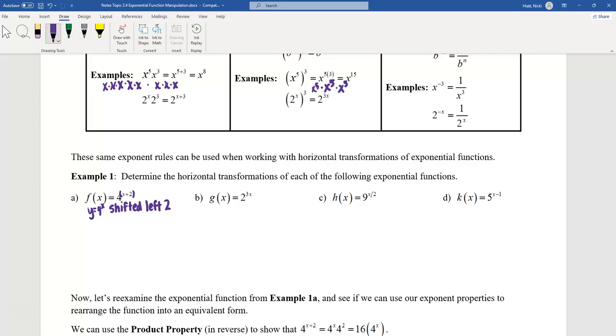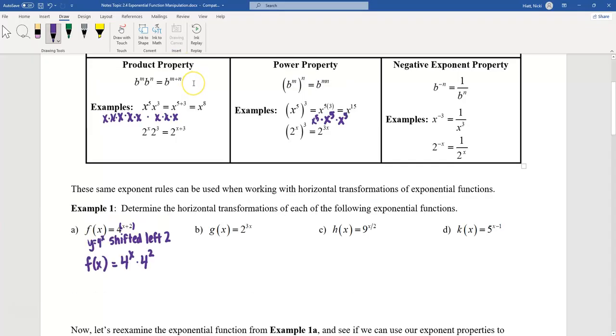For this, we can have equivalent transformations here. Whenever I have 4 to the x plus 2, I could break it back apart, right? I could write this differently. So if I take f of x equals 4 to the x plus 2, I could write that as 4 to the x times 4 to the second power. Is everybody okay there? We're just taking that product property, and we're going backwards.